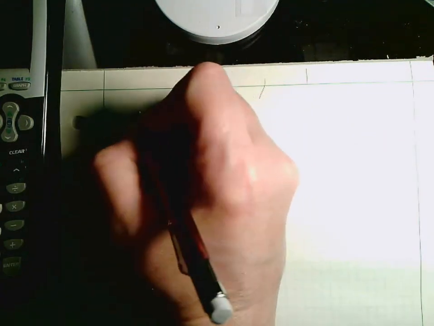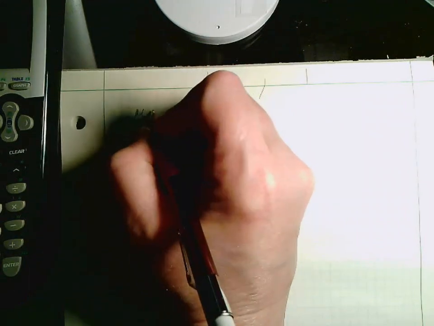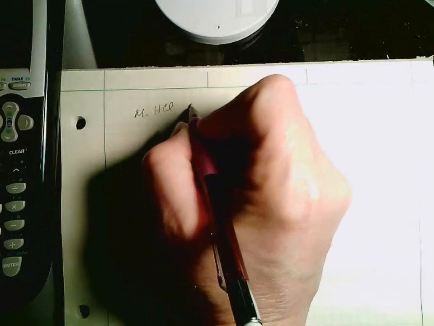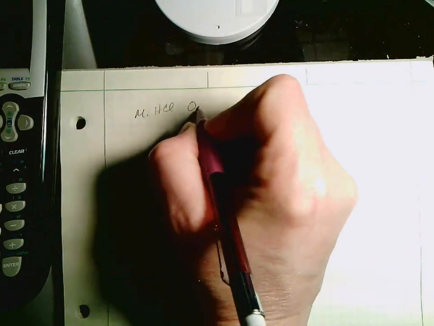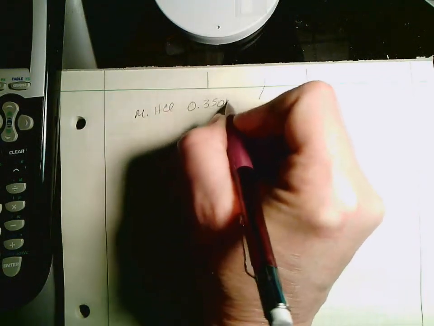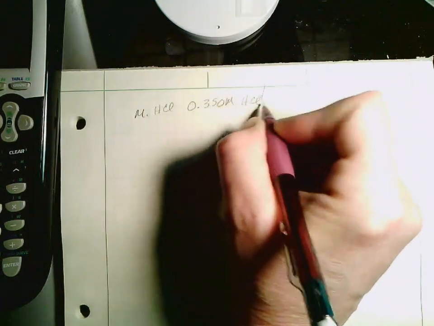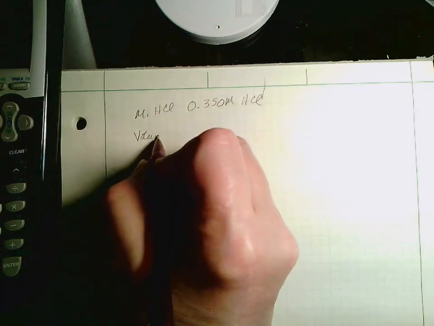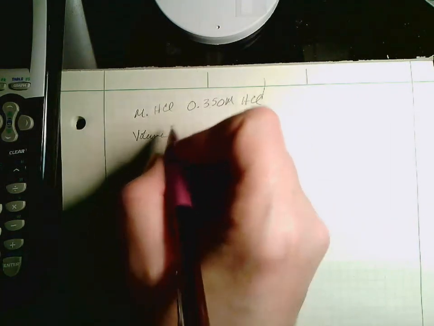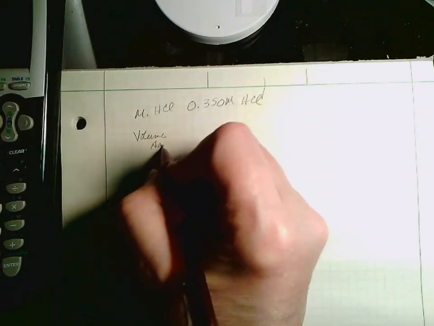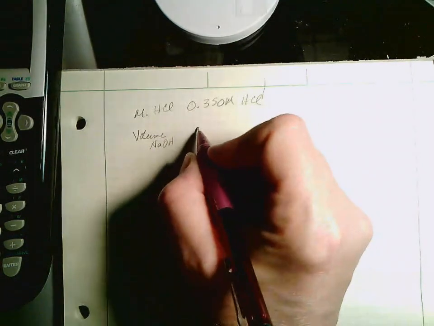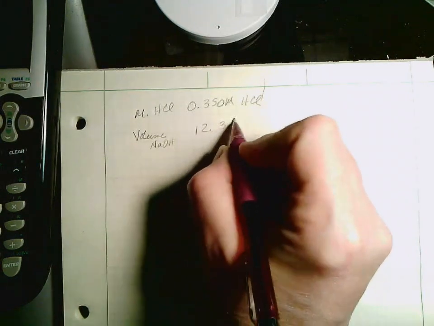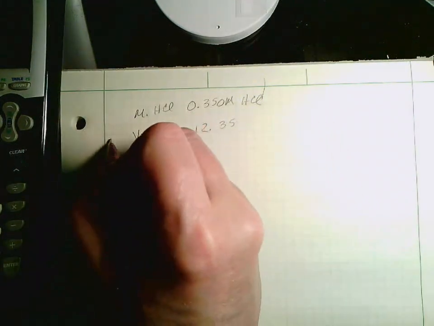So my molarity of my HCl, let's make it 0.350 molar HCl. And let's say my volume before a big pH jump for NaOH was 12.35, and this is before.